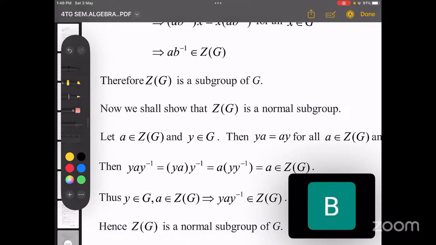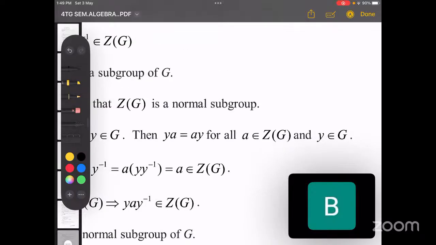For that, let A belongs to Z of G and Y belongs to G. Y belongs to group G and A is the element which belongs to Z of G. Then by the center definition, YA is equal to AY, the commutative property, for all A belongs to Z of G and Y belongs to G. With the help of the property of the center of G, we write YA is equal to AY. That is the commutative property we are using.